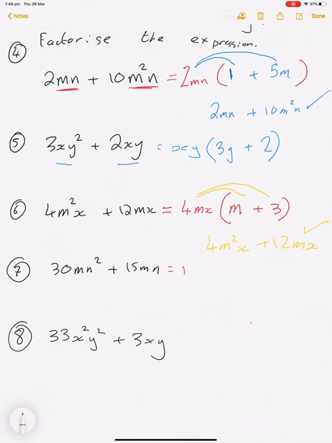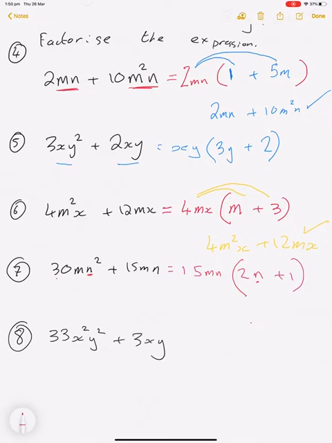Okay, the highest common factor here is going to be 15mn. We're going to have a 2n here, and then we're just going to have 1. I hope you can see that because we've got an n squared there, so we need an n here. n times n is n squared.